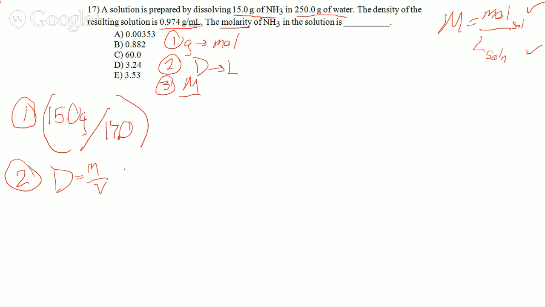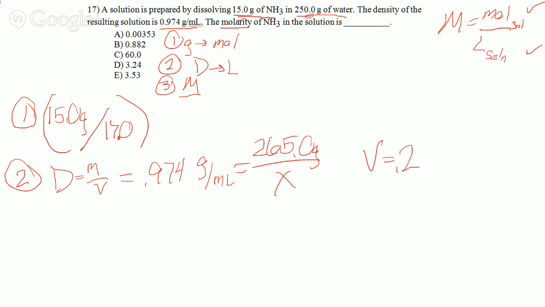All right, well, they give us the density is 0.974 grams per milliliter. The mass of the whole thing is going to have to be 265 grams because it's 15 and 250 all over blank. So the volume should equal 0.272 liters.